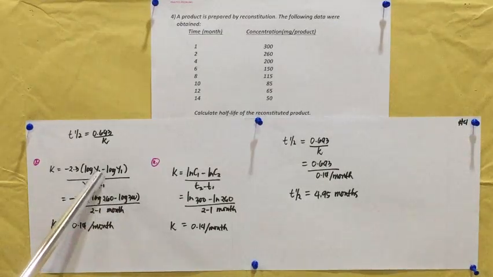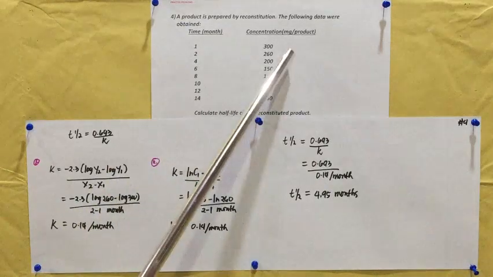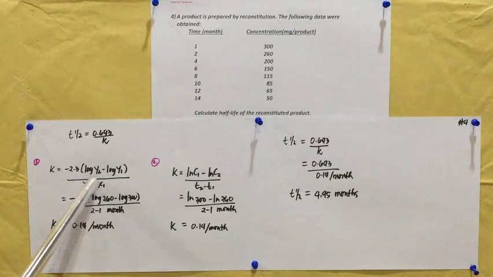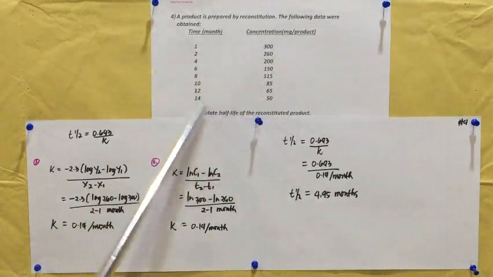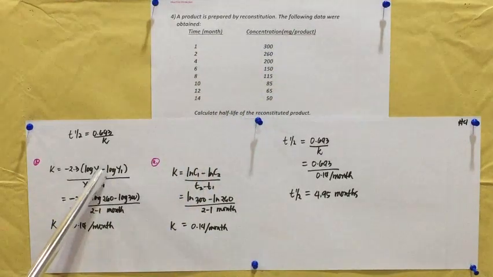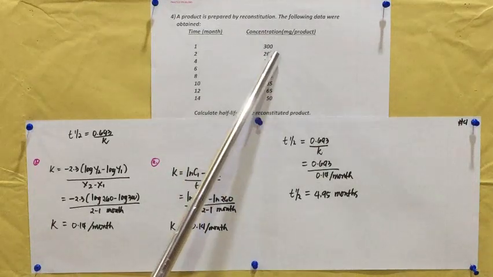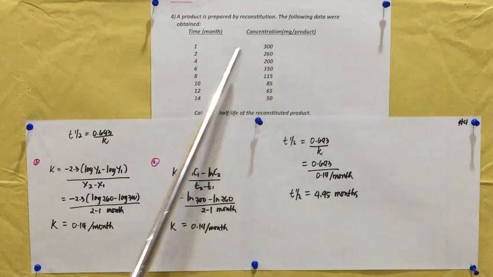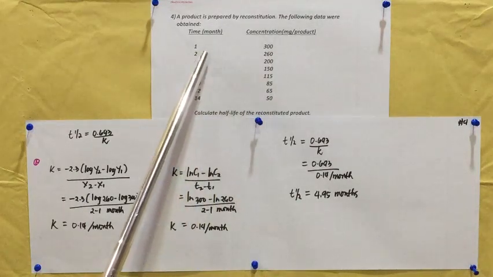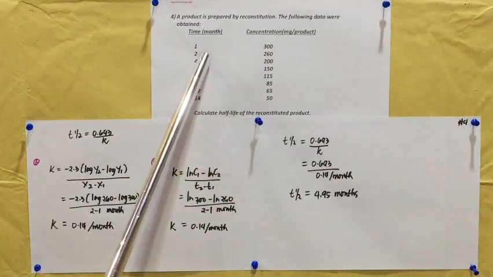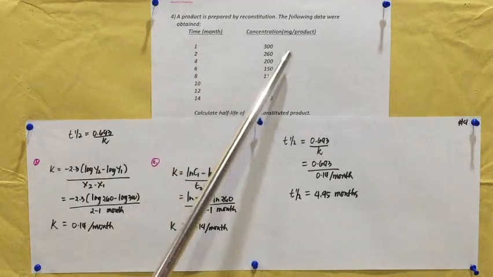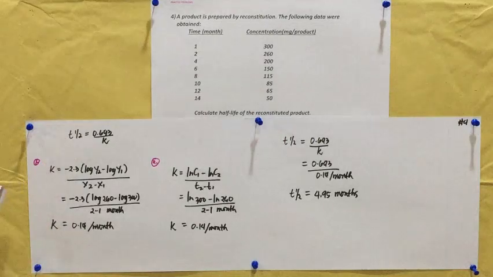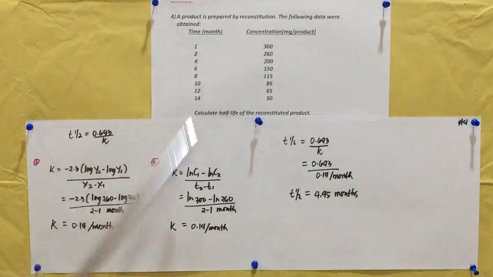If you recall, y represents concentration and the x represents time. So, y2 and y1, we can choose from here. We can choose our second concentration to be 260 and our first concentration to be 300. So, the time also, x2 is 2 and x1 is 1. Okay, so pwede natin gamitin itong dalawa, itong first, the 1 and 2 months, the time in the first and the second month.